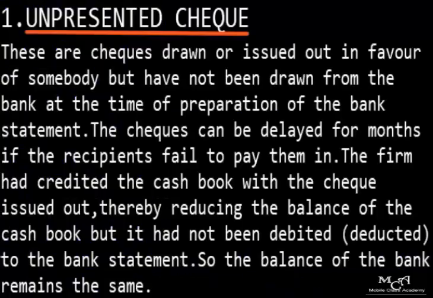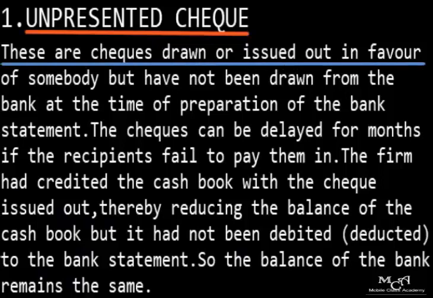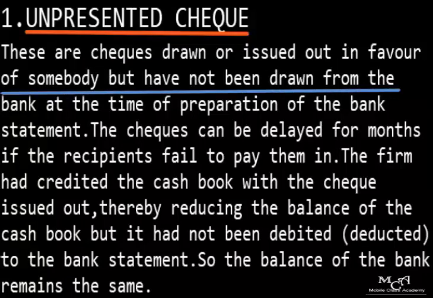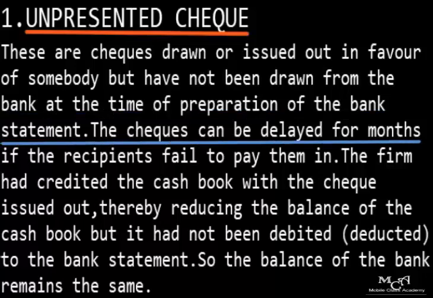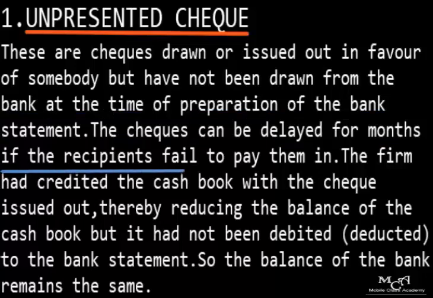What is an unpresented check? These are checks drawn or issued out in favor of somebody but have not been drawn from the bank at the time of preparation of the bank statement. The checks can be delayed for months if the recipients fail to pay them in.